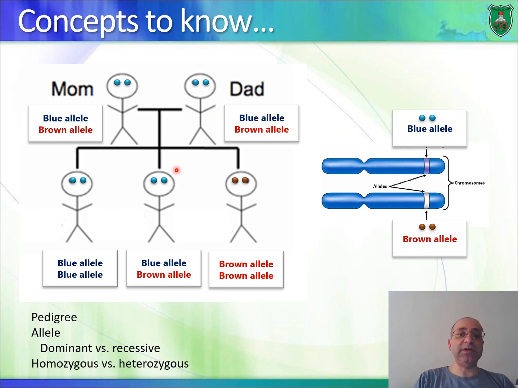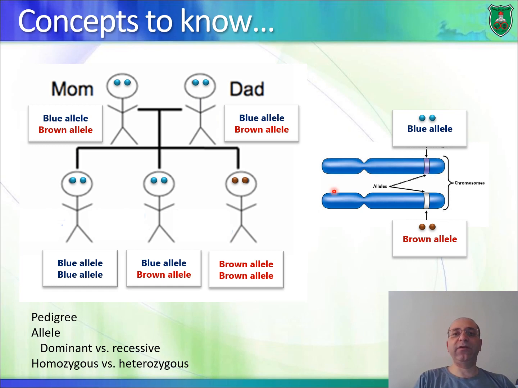Now, genes such as eye color genes have alleles. So what does an allele mean? An allele is a form of a gene, or a type of a gene. We all have the eye color gene, and it is located on the same chromosome, in exactly the same location, for every single one of us.